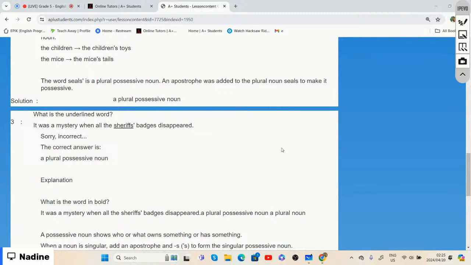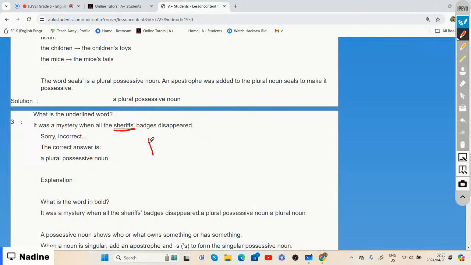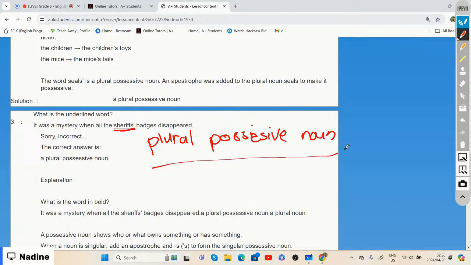And if we were to choose the correct noun, we're going to say it is a plural possessive noun, because that is plural possessive. So it's a plural possessive noun.